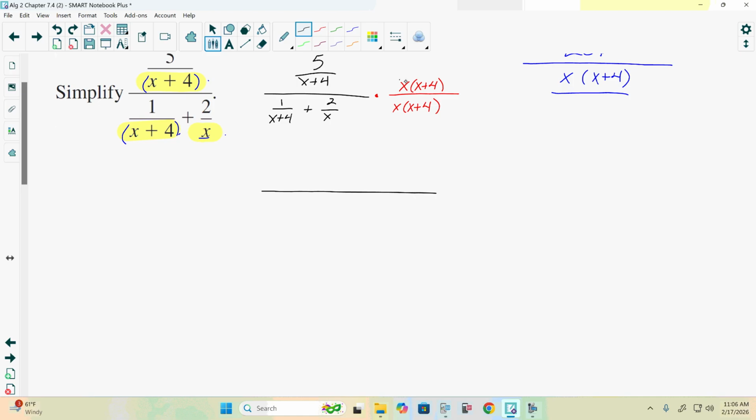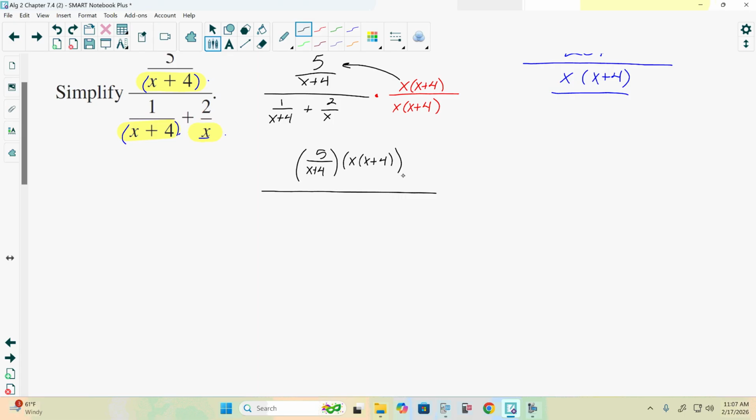Because we multiply by the numerator, so we're going to take that x times x plus 4 and multiply it by each fraction on top of the fraction. So what we're saying that we're doing is we're taking this expression, 5 over x plus 4, and multiplying it by our x times x plus 4.